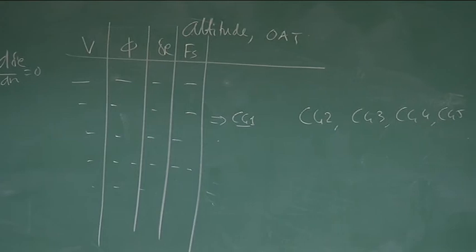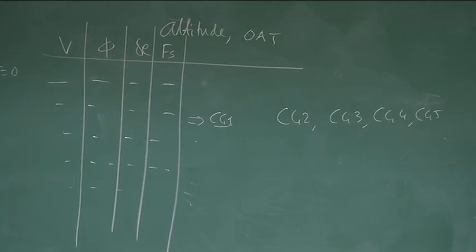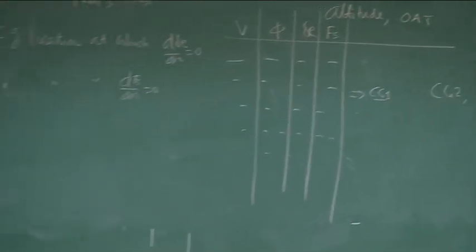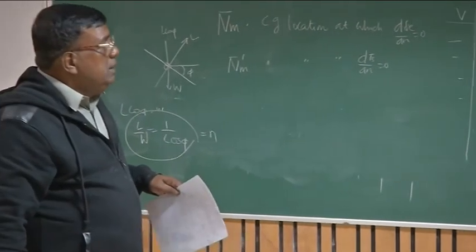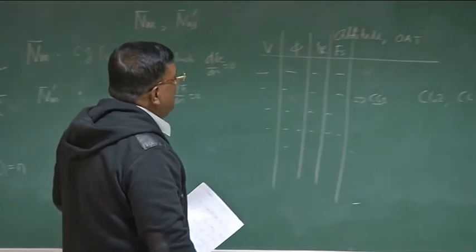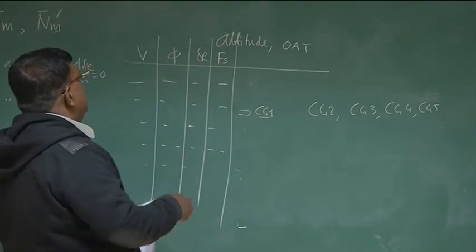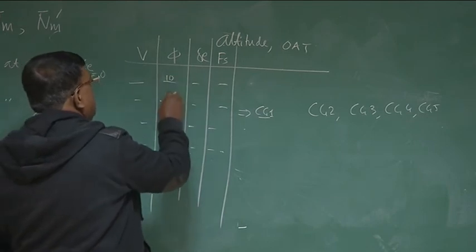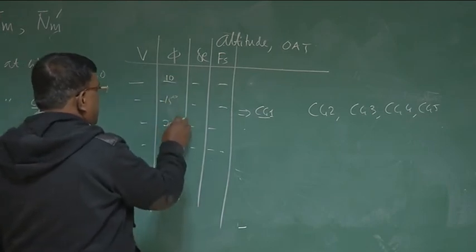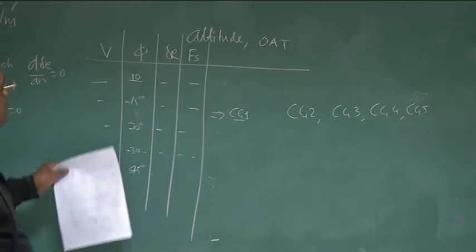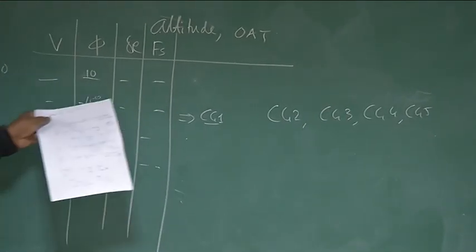So I take 2 passengers, I go for a bank turn. I take 3 passengers, so different CG, 4 passengers, different CG, 1 passenger, different CG. Like that for different CG configurations I fly and I generate this data. Let's say this could be 10 degree bank, 15 degree, 20 degree, 30 degree, 45 degree. And measure what is the delta E required, what is the V, and what is the stick force I am getting.